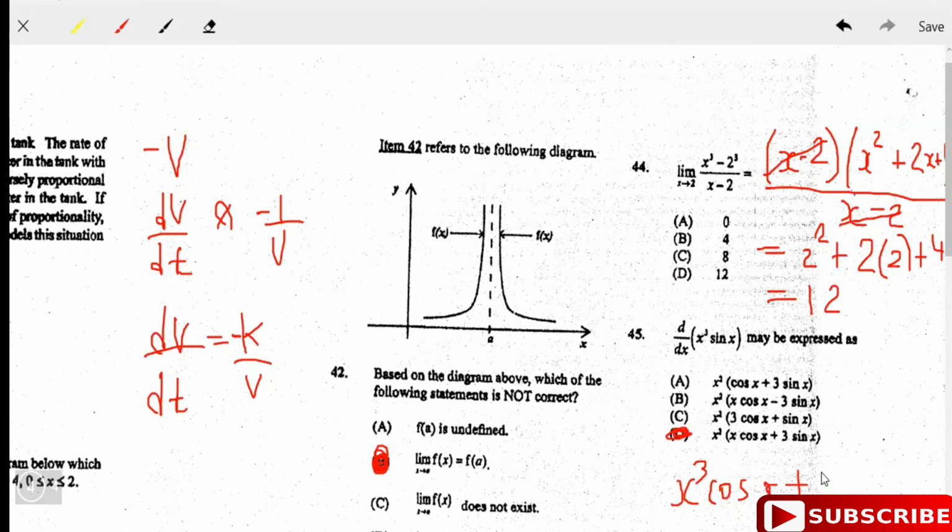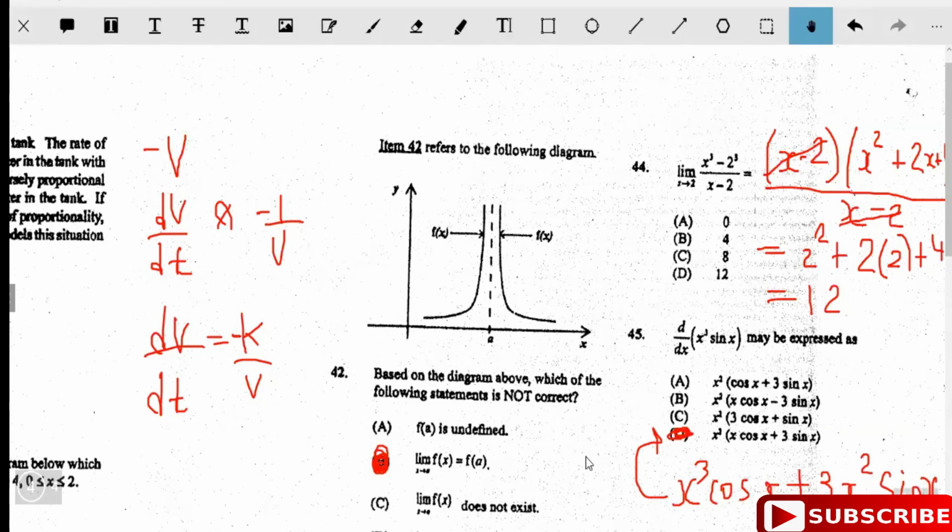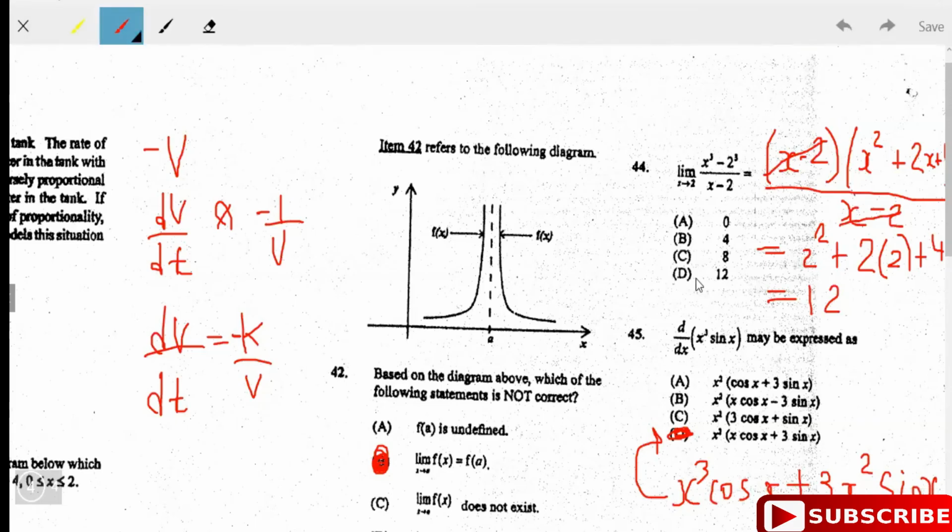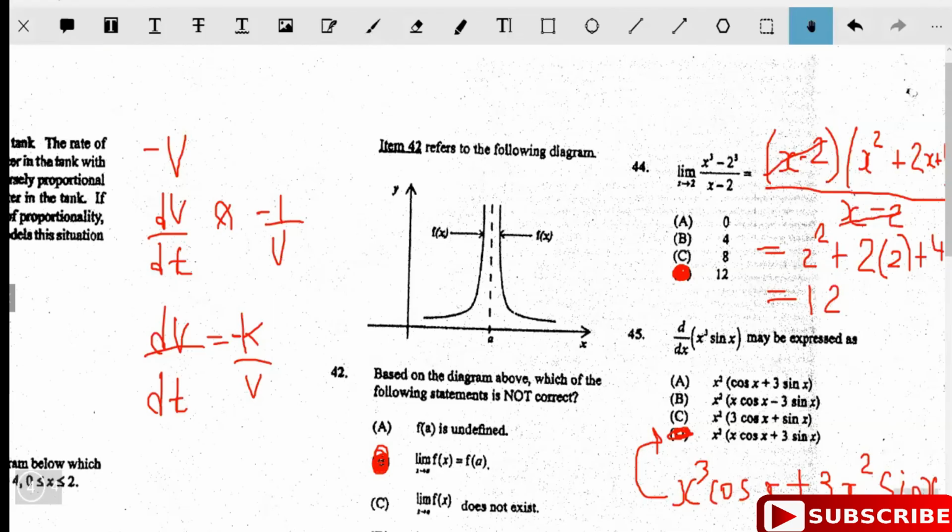V du is 3x squared sine x. So all you have to do now is factor out x squared to get delta. That's 2014. Easy. You can start 2015 now. That's 2014. Delta. Easy, easy, easy.